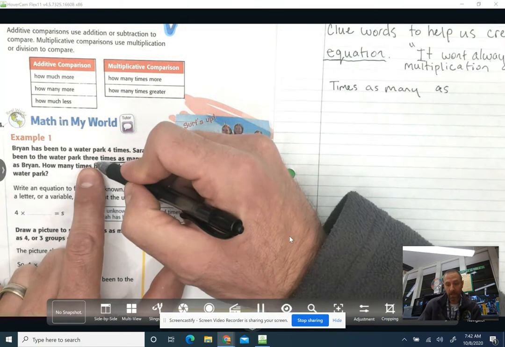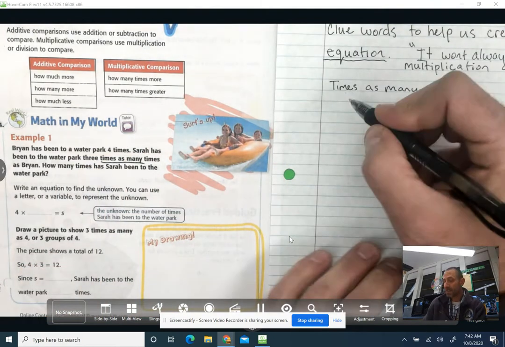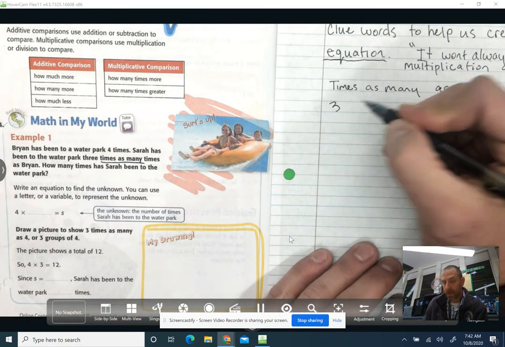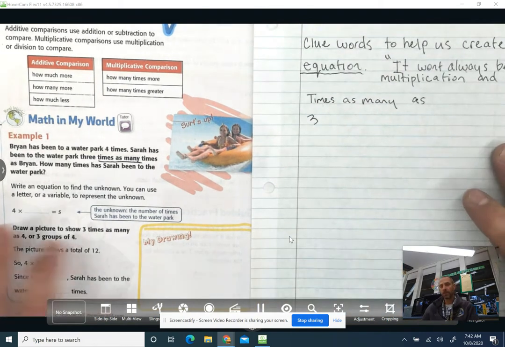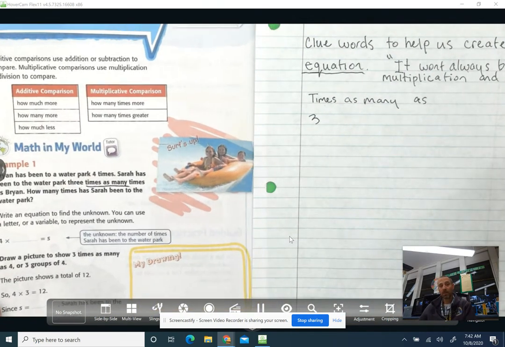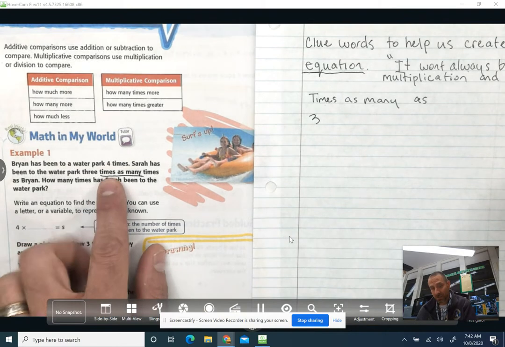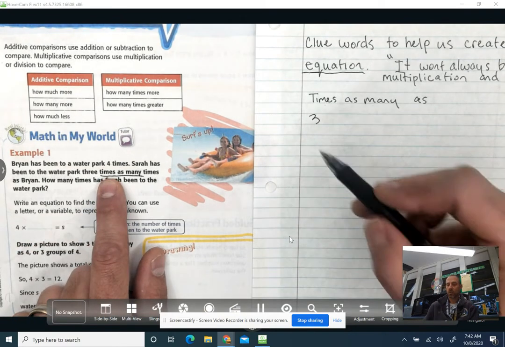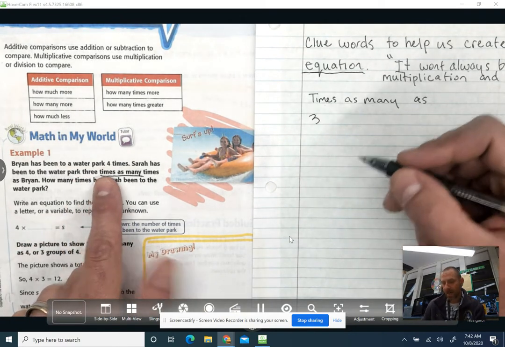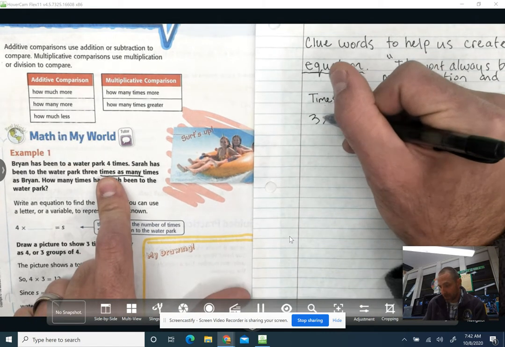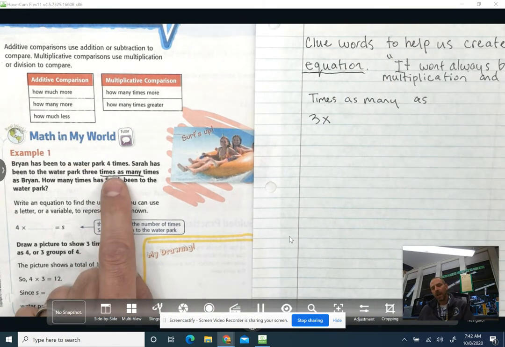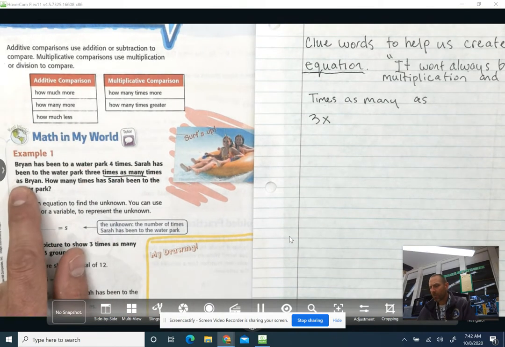In this case, 3 is in word form. That's the first number in your multiplication equation.